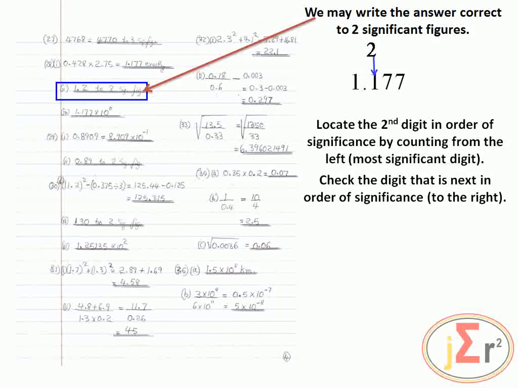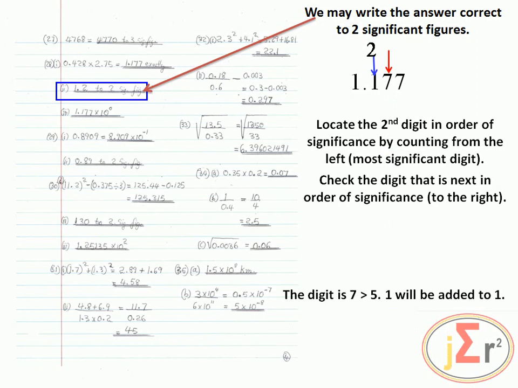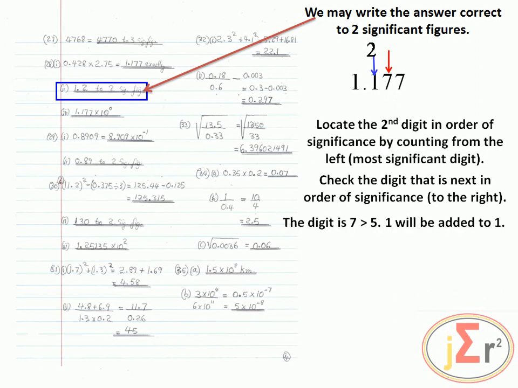Check the digit that is next in order of significance, the one that is located to the right. There we go. That is the one that we are checking. The digit is 7, and 7 is greater than 5. Because it is greater than 5, we add 1.